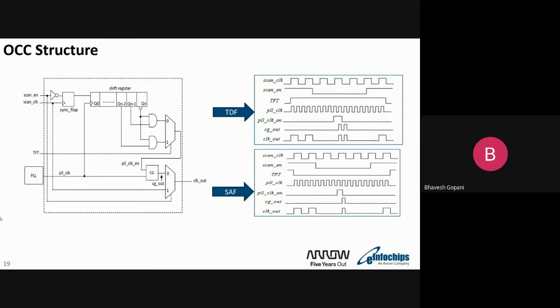In stuck-at, we are not doing any transition, we need only one pulse. Here you can see the stuck-at. I need only one pulse, and this pulse might be at speed, or normally shift speed is also fine.